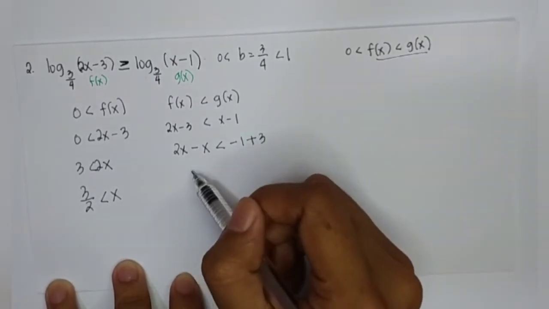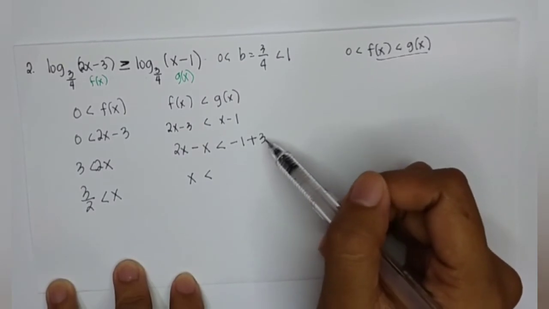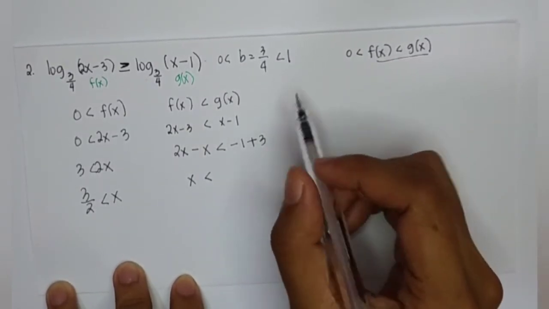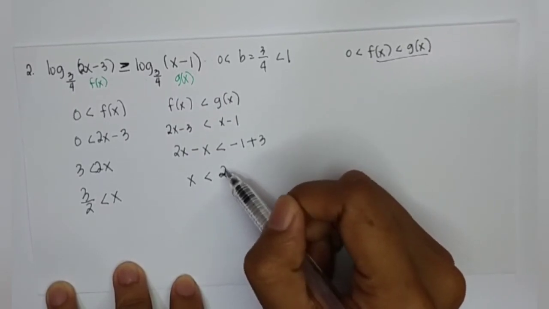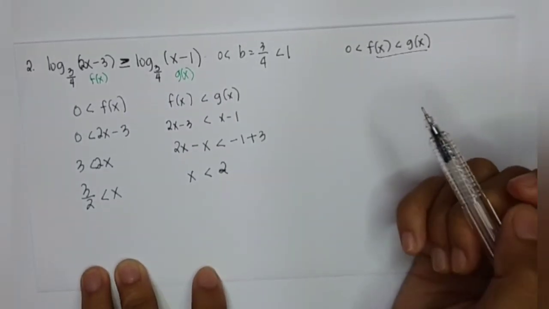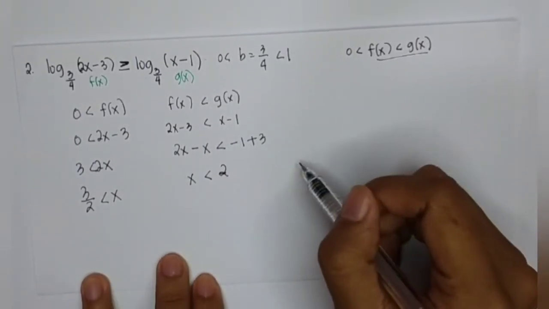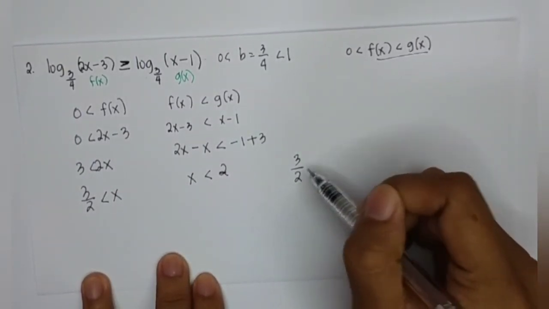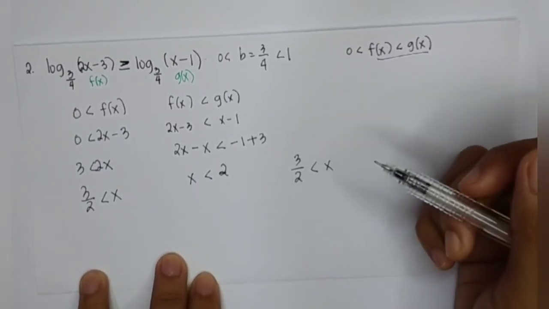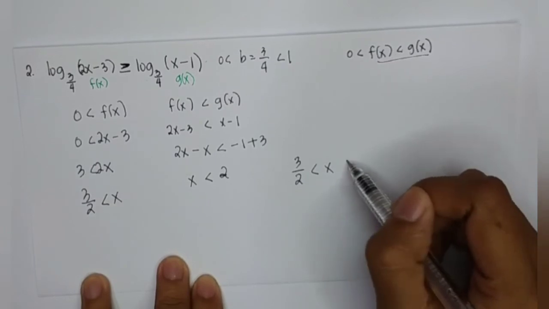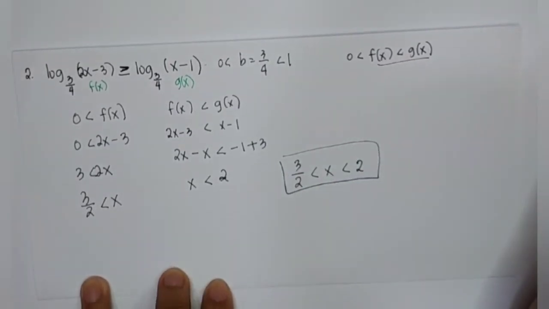So x is less than negative 1 plus 3, which is positive 2. Now our solution is written as x is greater than 3 halves but less than 2.